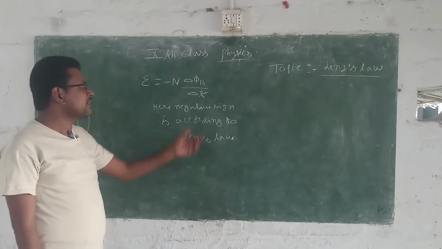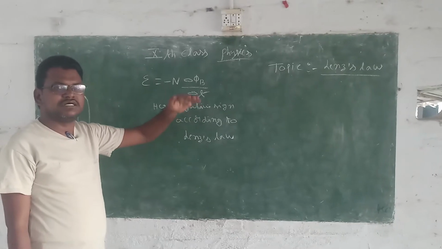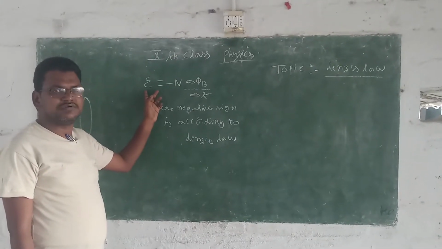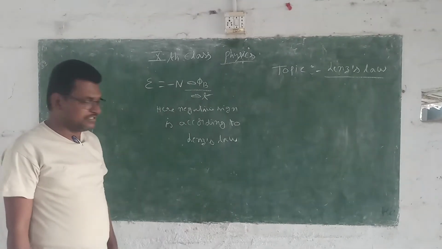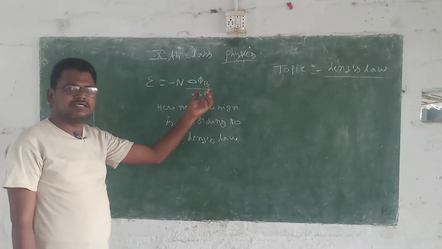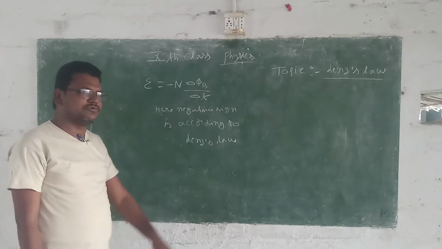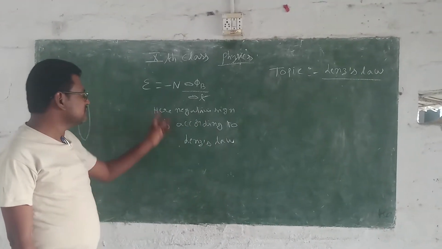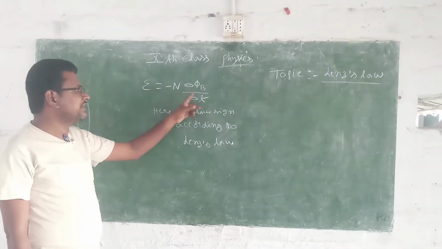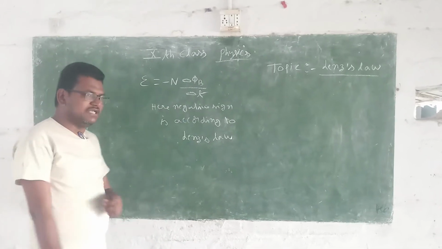That means if the magnetic flux is increasing, then the induced EMF tries to decrease it. If the magnetic flux is decreasing, then the induced EMF tries to increase it. That means the induced EMF opposes the change of magnetic flux. So this is Lenz law.